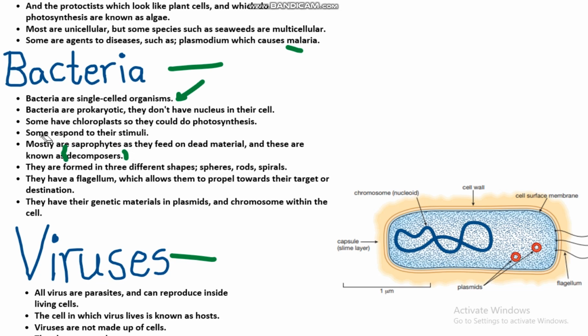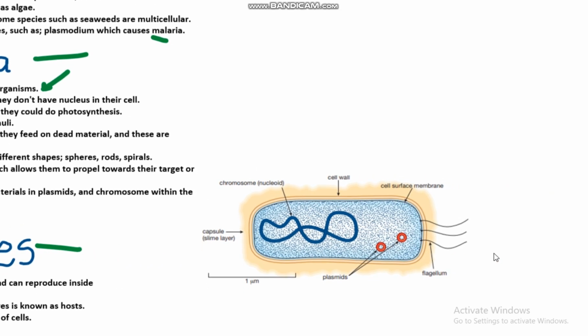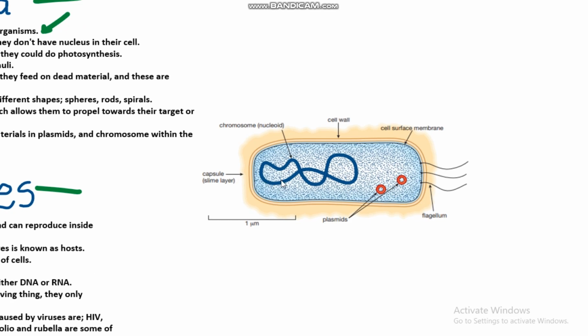And then we have three different shapes of bacteria: spheres, rods like this, and spirals. These are the three main shapes of bacteria, and they do have a flagellum, which allows them to propel themselves to their destination or target.